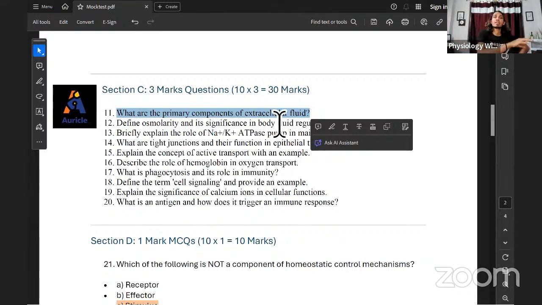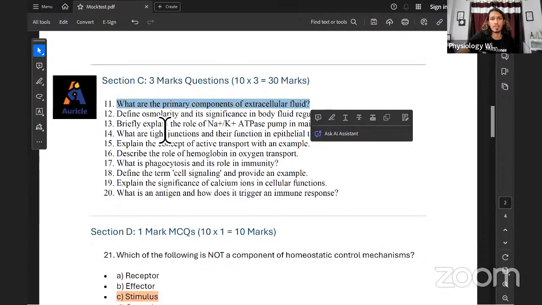And then you talk about the interstitial fluid, and the ionic composition difference between them and how proteins are lesser in the interstitial fluid. So all of these things you can draw and explain, and even in the interstitial fluid, you can talk about the extracellular matrix also. That will be more than sufficient for 3 marks.